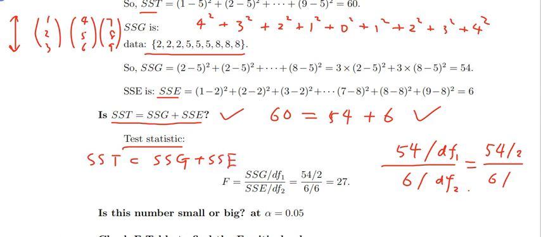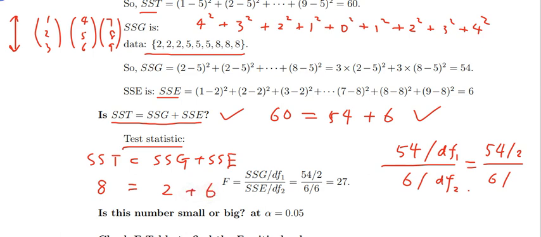Then we also separate the total degree of freedom. Here the total degree of freedom is 8, because we put it together and have 9 numbers, so sample size 9 and degree of freedom 8. Then SSG has degree of freedom 2, so this one should be 6.